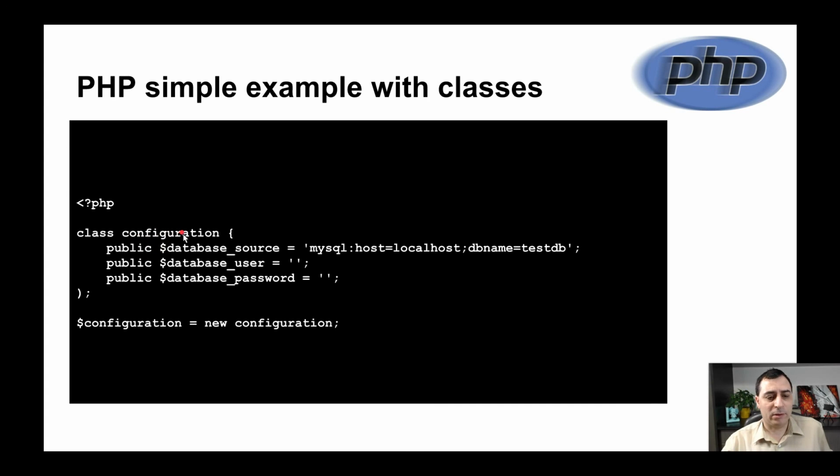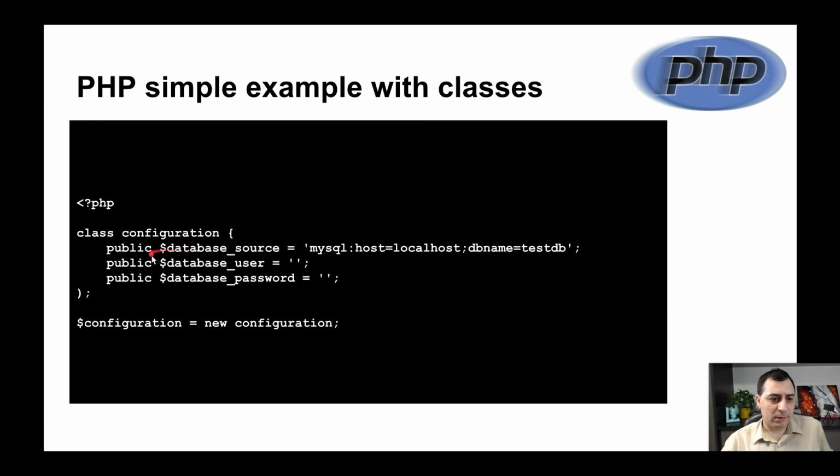In this case, I called it Configuration, just to make it simple, but you can even use namespaces if you prefer, to avoid class name collision. And that Configuration class has some public variables that you can access when you have created a configuration object of this class.